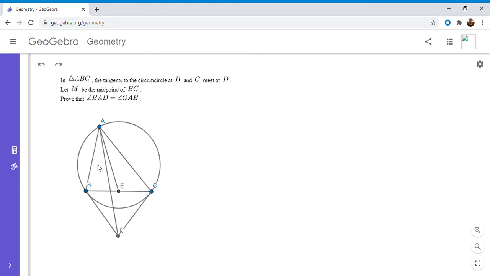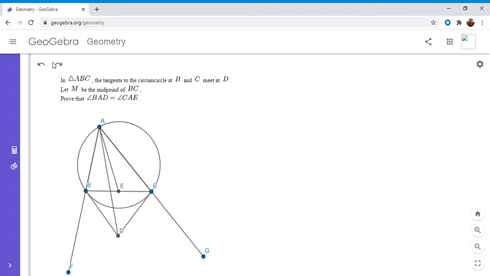So I'm going to extend lines AB and AC past B and C to points F and G. And then we know that angle FBD has to be angle ACB because it's 180 minus these other two angles, and angle DBC is equal to angle A.